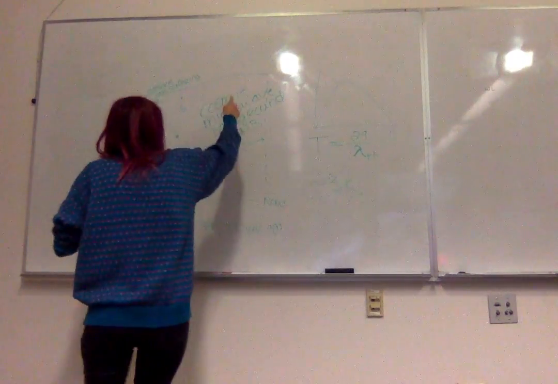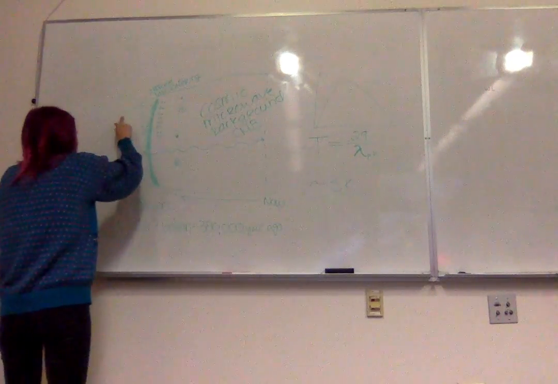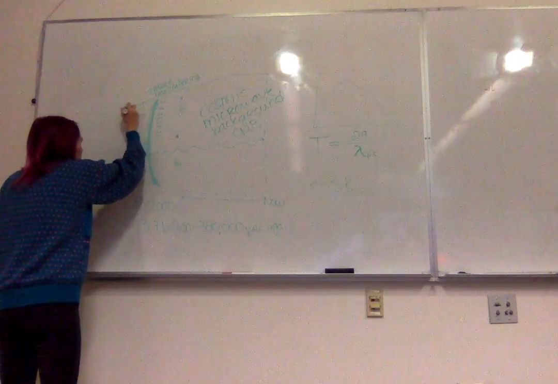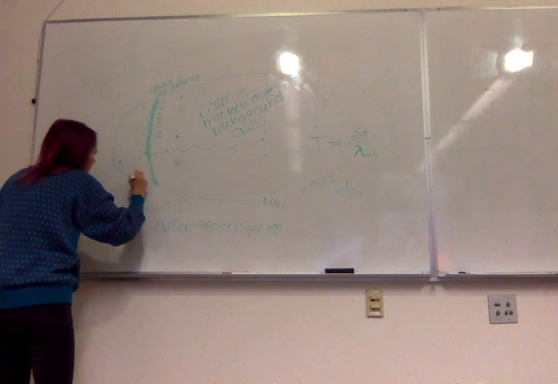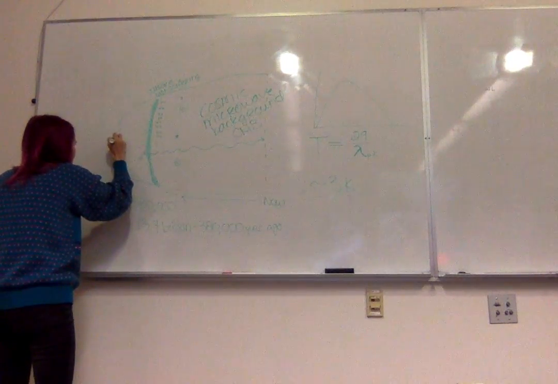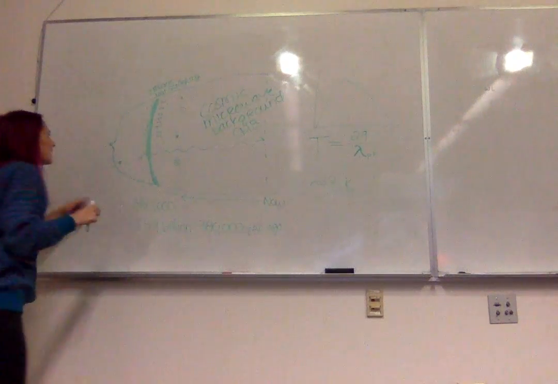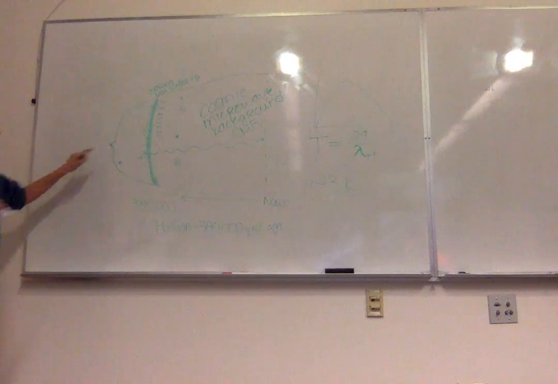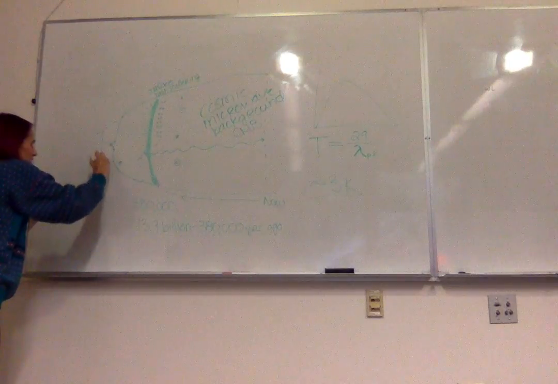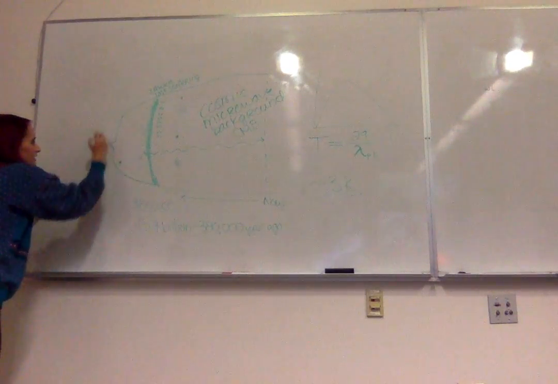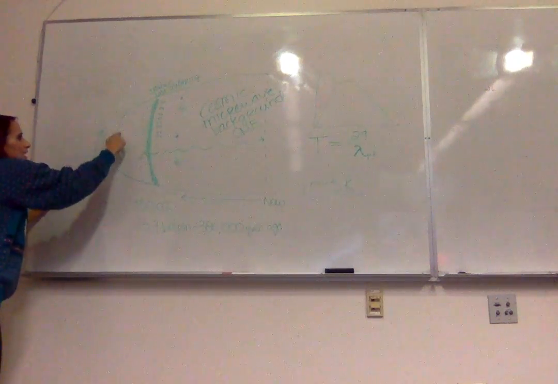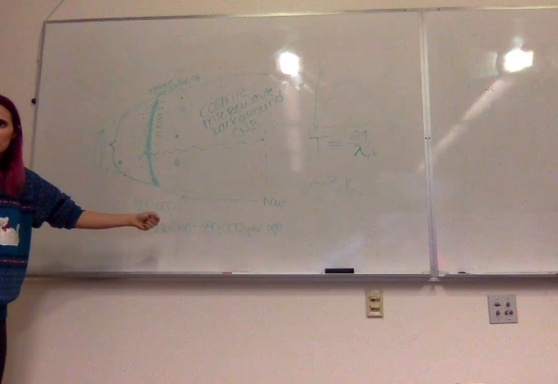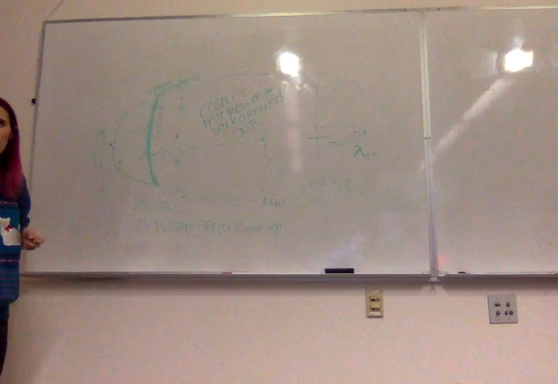So our expansion kind of goes like this, but there was a point where it got much bigger in a really short amount of time. So that allows the universe to have been really small at some point, right? If we just went this way back to the beginning of the universe, then it would have to be this big. But if it had this inflation where it got much bigger really quickly, then it could have been really small at one point.